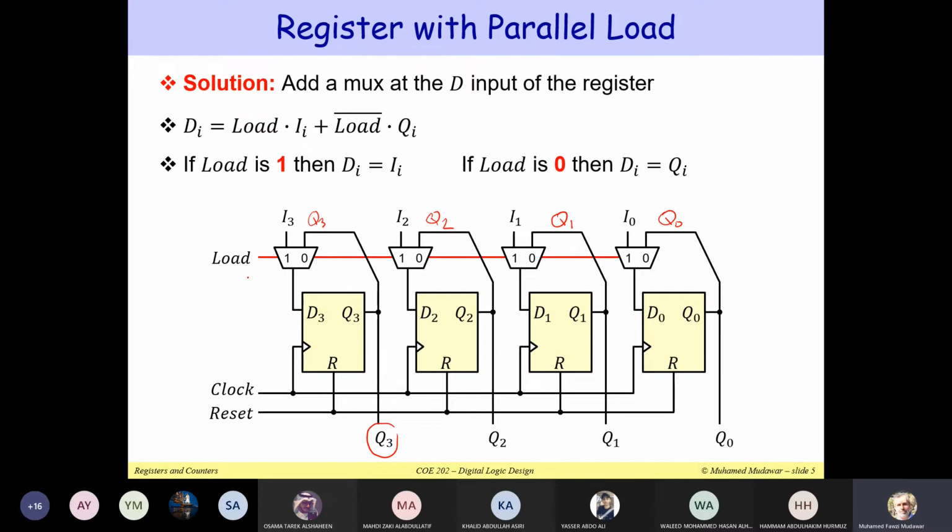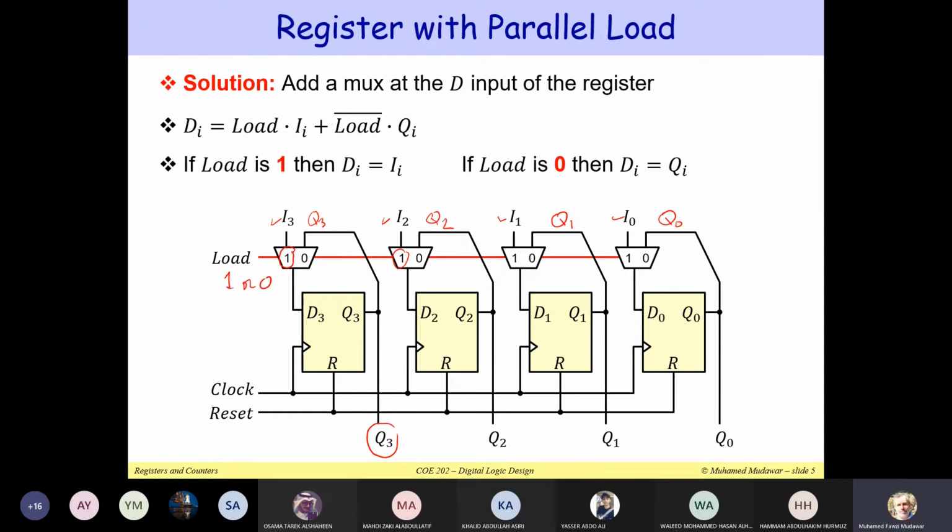Now, if load is equal to 1, so load can be 1 or 0, we are going to select input 1. Therefore, we select I3, I2, I1, I0, and we are loading this input inside the D flip-flops. Therefore, at the rising edge of the clock, we are going to change the output Q to become I.